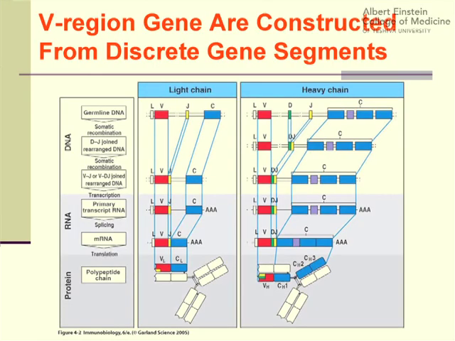And so now, how is this generated? What we can basically demonstrate is that we have multiple gene segments. If you remember the T-cell receptor, we had a large number of V genes.